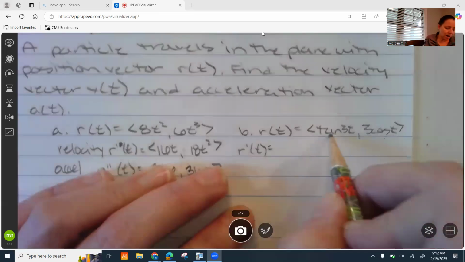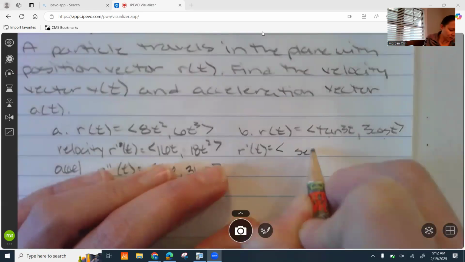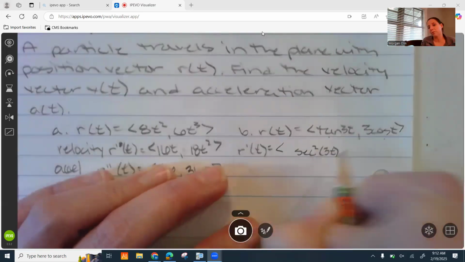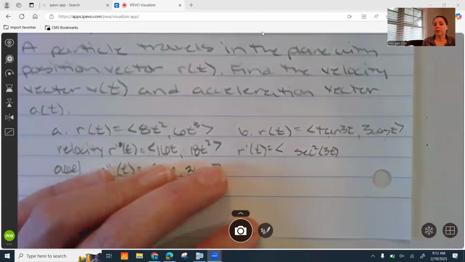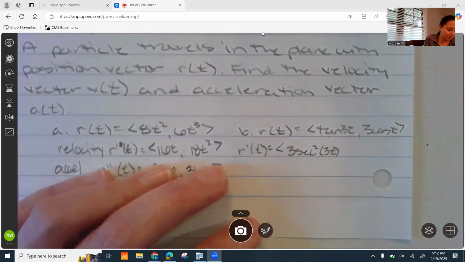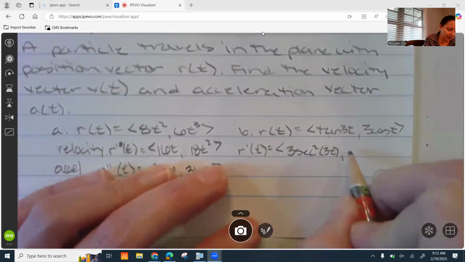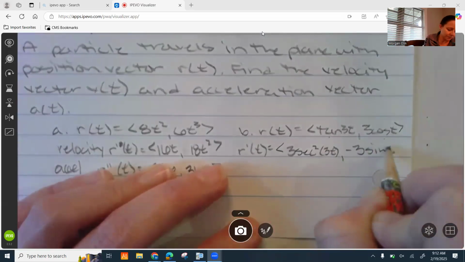What is the derivative of tan? It is secant squared, but don't forget to put 3t right there. You keep the 3t, and now you say, what's the derivative of 3t? It would be 3. Here the derivative of cosine is negative sine, so it's negative 3 sine t.